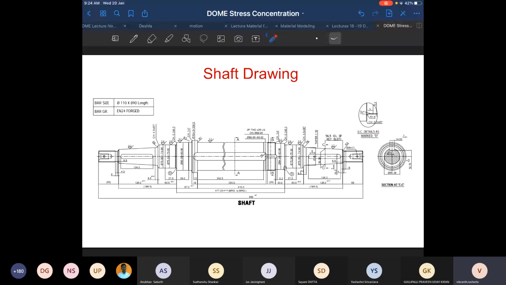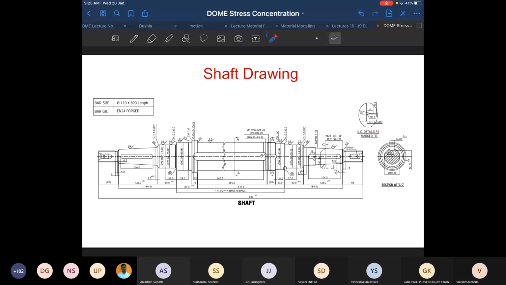Now, whatever formulas you have learned, My by I, Tr by J, are they valid for a shaft like this? Do you think you can use a formula like that for a shaft like this?